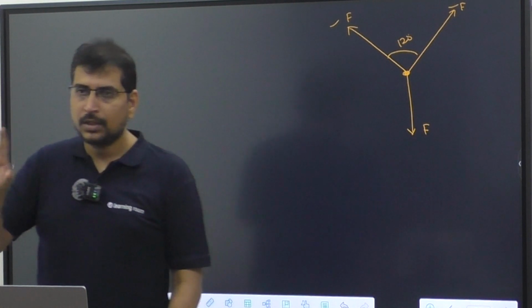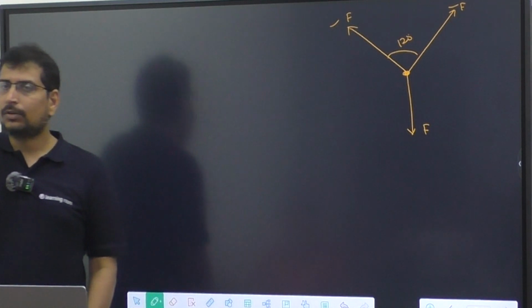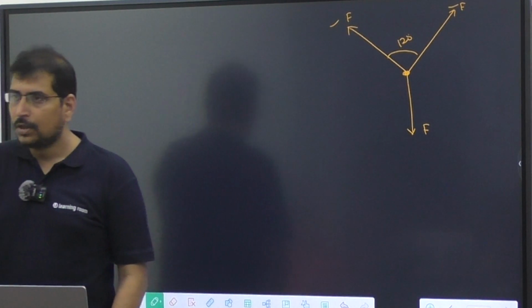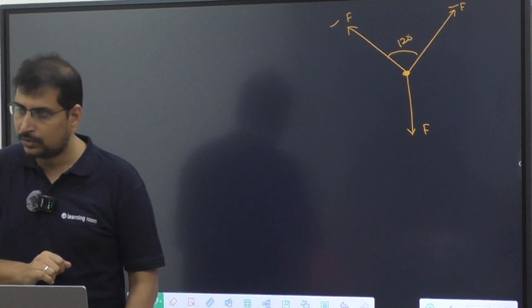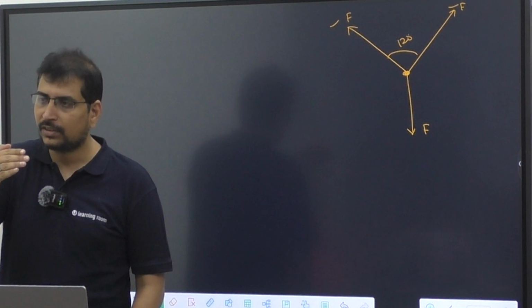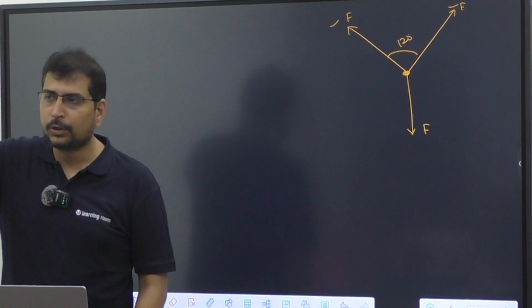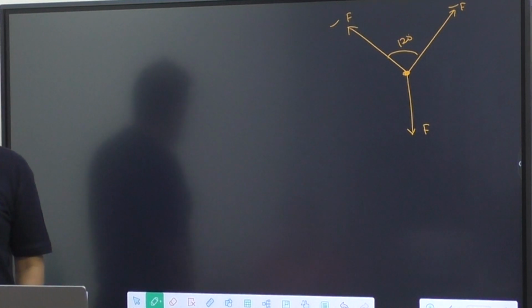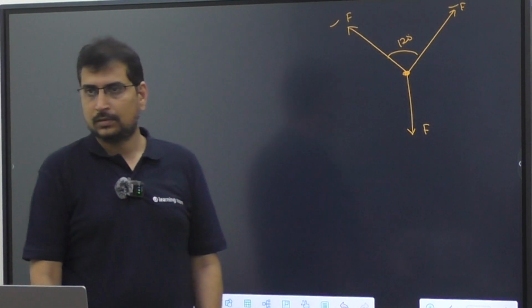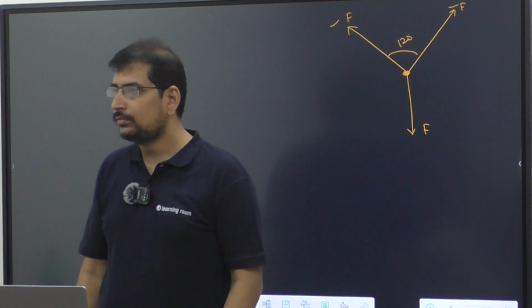You remember that, no? So you will apply the triangle law of addition of vectors when you have two vectors which are in continuous direction. What do you mean by continuous? When the end point of the first vector is the starting point of the second vector. Whereas when you have two co-initial vectors, what do you mean by co-initial?